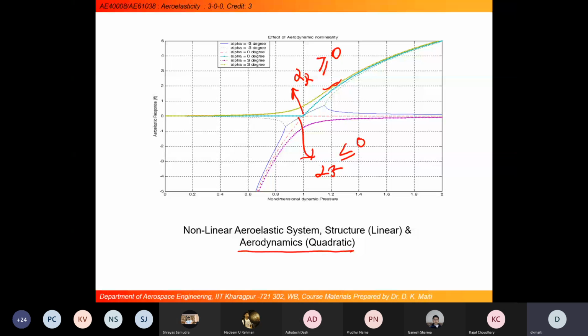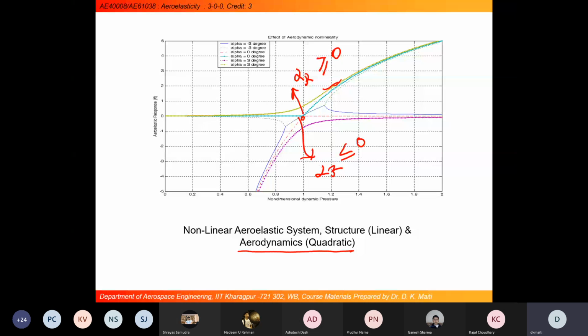Up to this point there is no deflection, and after the critical point the deflection suddenly starts increasing. Another route starts from the beginning, maybe at a non-zero value, and then asymptotically meets the earlier route. These are two different routes.